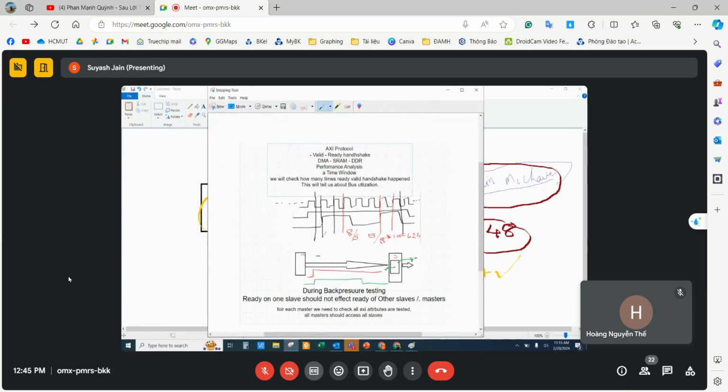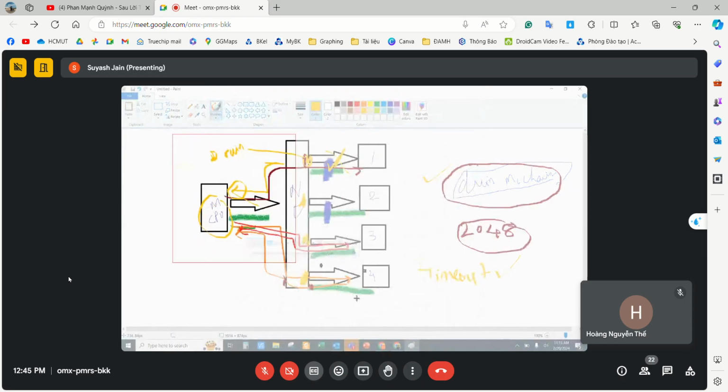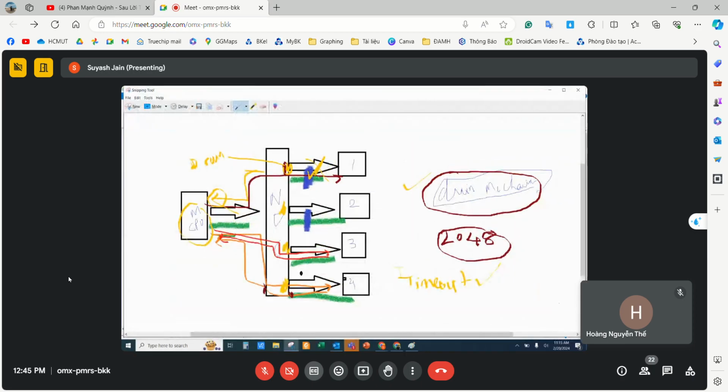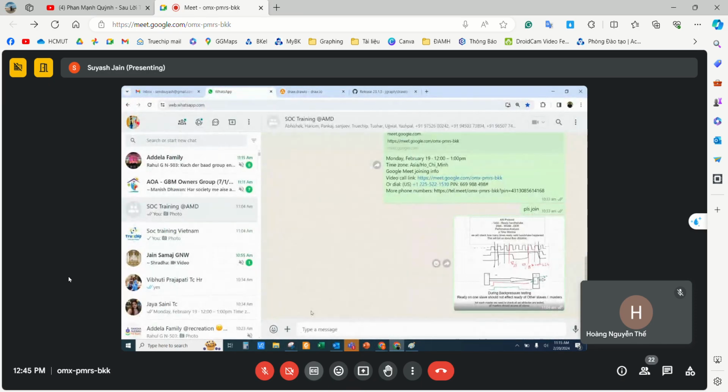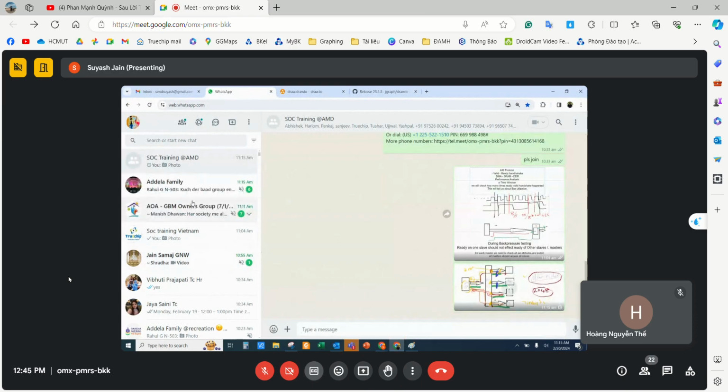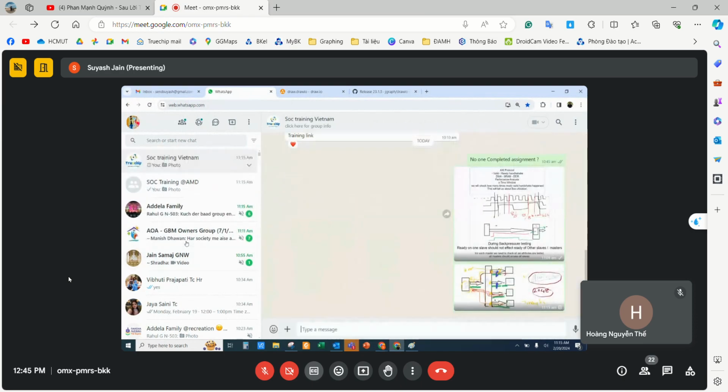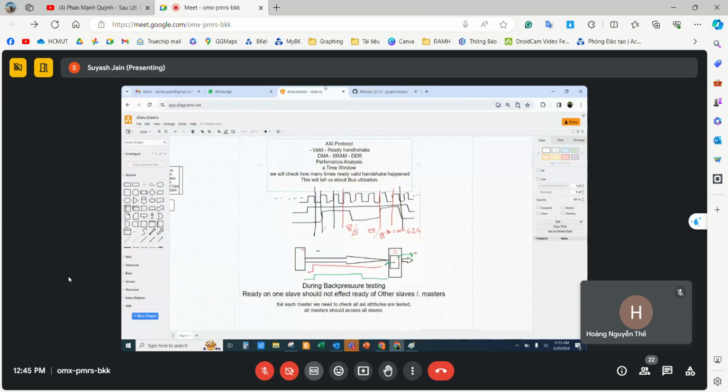These two types of mechanism will give you the response back, and the response will not be okay. It is configurable, but usually it's a slave error.